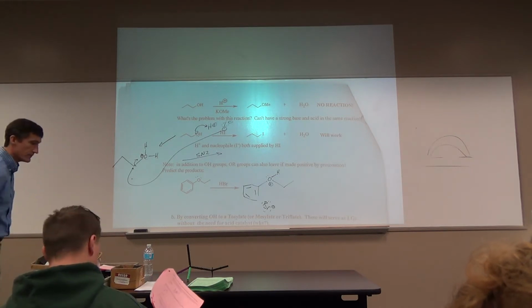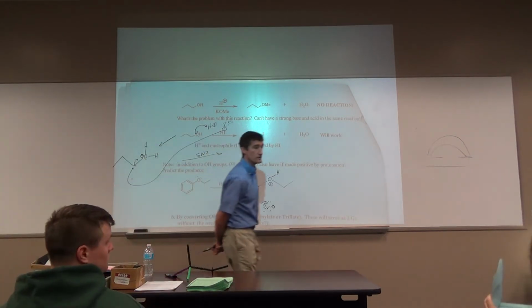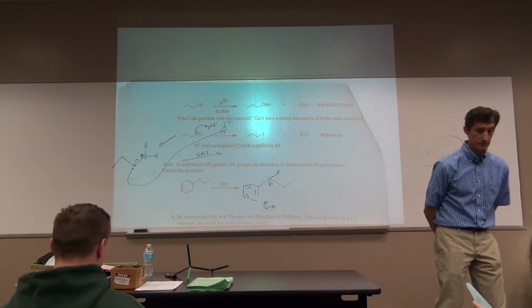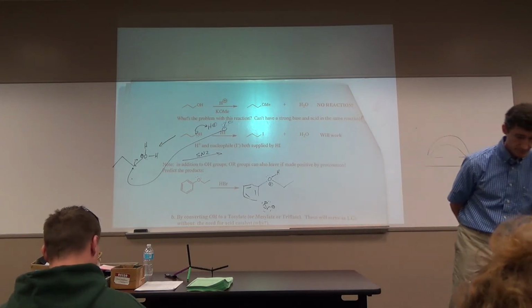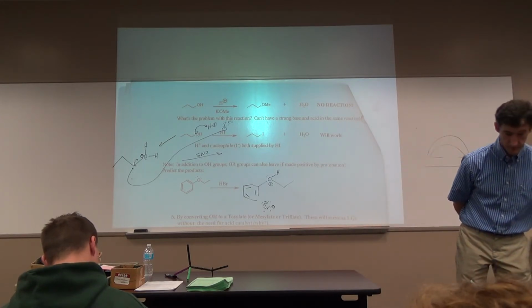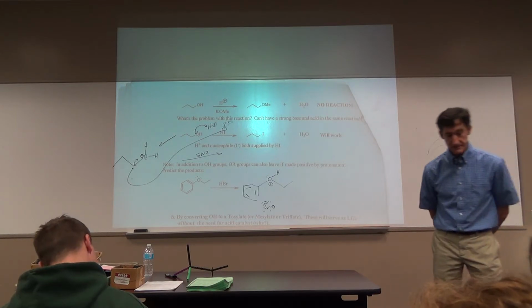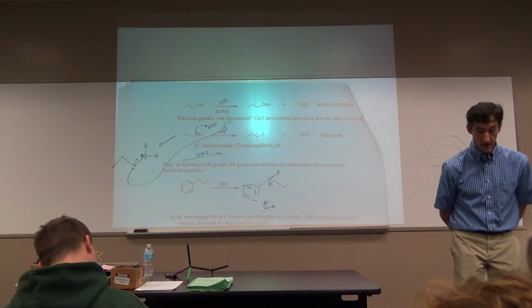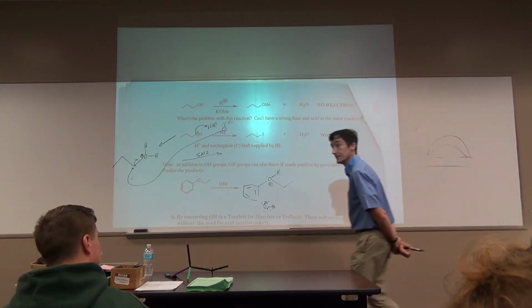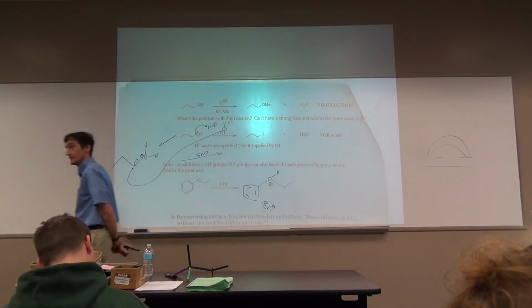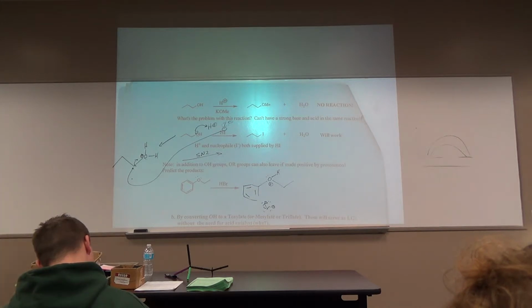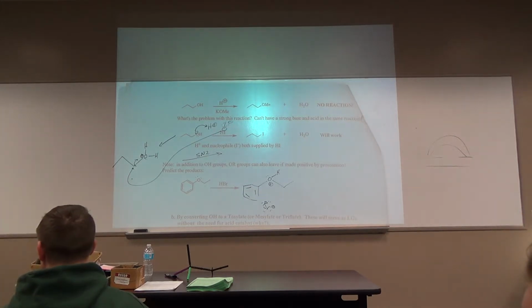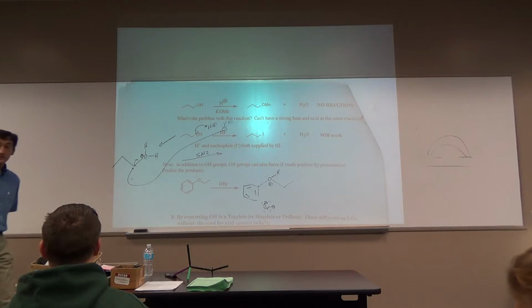It's in the blue, the first page of the outline. Tetrahedral carbon? Yes. And if you check the tape, I said that. This chemistry only takes place at tetrahedral carbons.